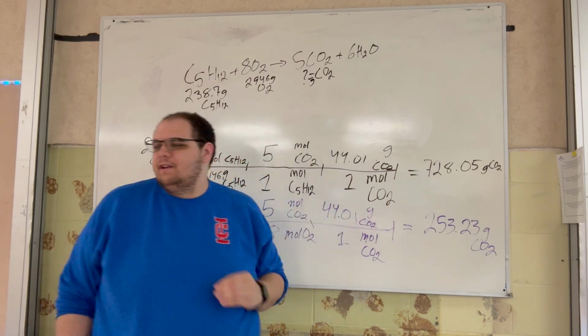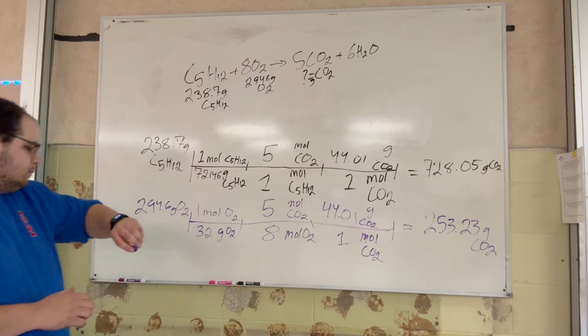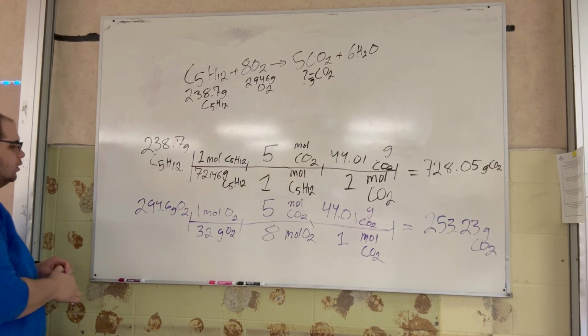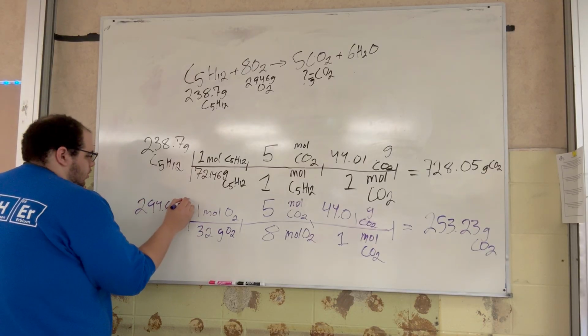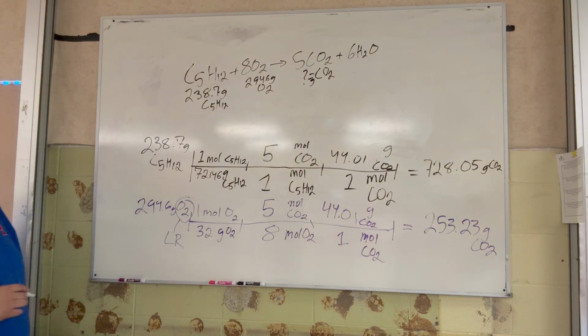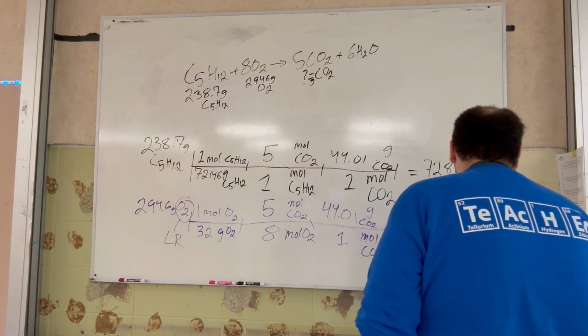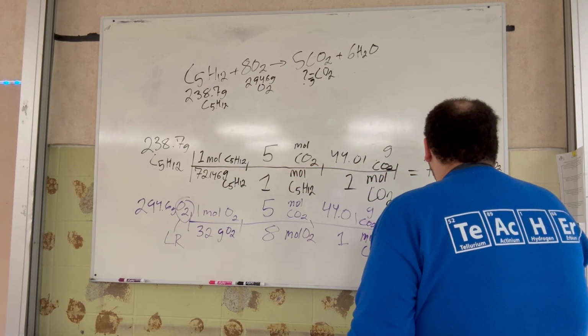C5H12 produced 728. Which means O2 is my limiting reactant. What's my theoretical yield? Good, 253.23 is my theoretical yield.